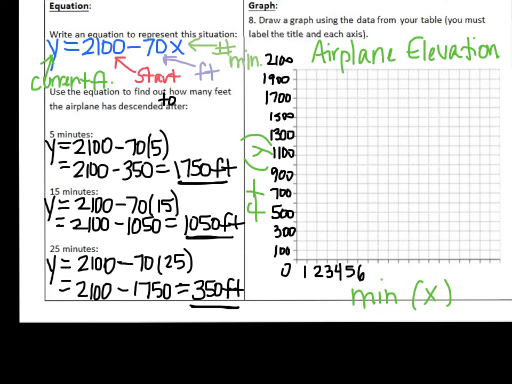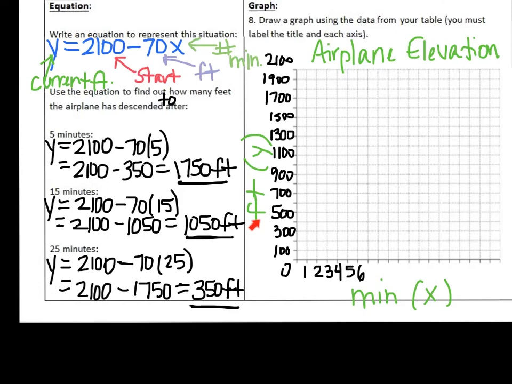All right, so I have already set up my graph. Notice I have, let me use my laser pointer. Okay, found it. So notice I have a title for my graph.